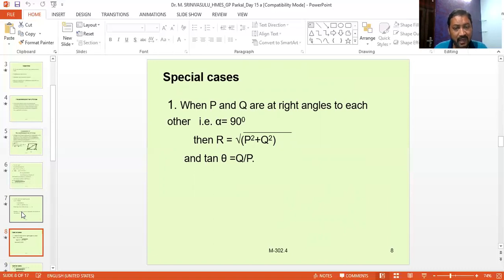So if we substitute the value, R is equal to square root of P square plus Q square plus 2PQ into cos 90. Here cos 90 we know is 0, so that term will not be there.